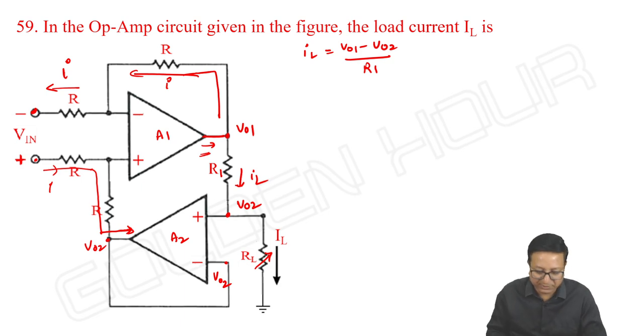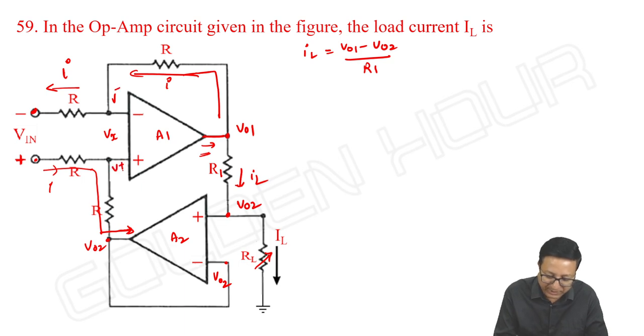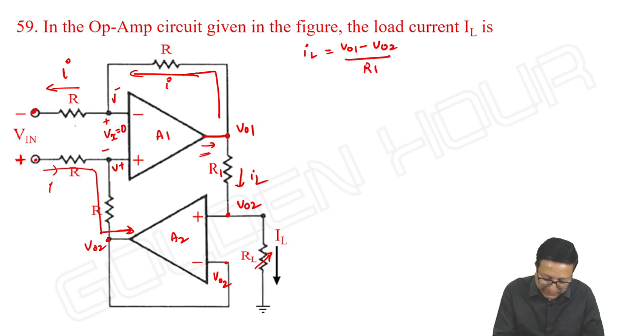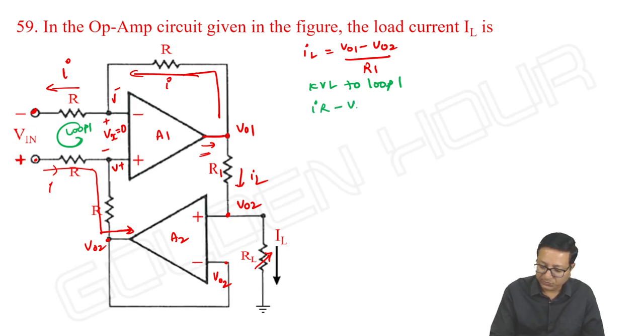Next, how to find the I value? Let me take it as Vx. Similar to earlier, V minus is equal to V plus, and hence Vx is equal to 0. No doubt about it. So let me take the loop equation, loop 1, KVL: minus V input plus I into R plus I into R minus Vx is equal to 0.